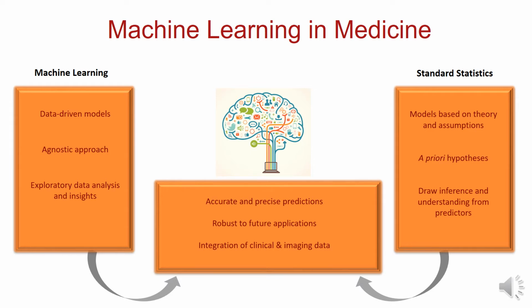When leveraging both approaches, there is potential for creating more accurate and precise predictions that are robust to future applications and allows for the integration of actual data as well as images in an integrated and comprehensive approach.